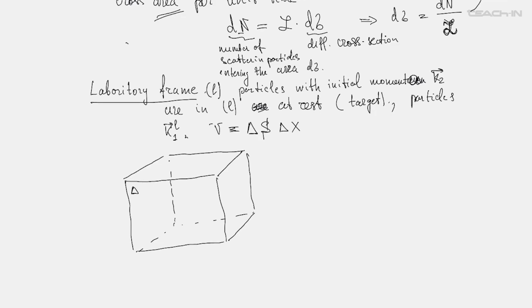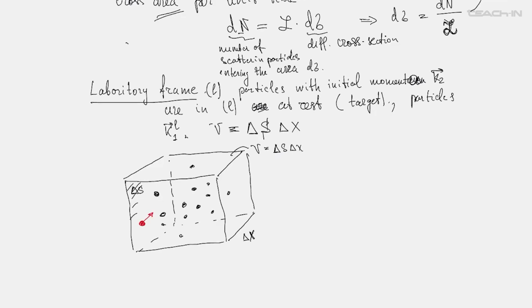And then in this volume, delta S delta X, we have our target particles. So they are sitting inside. I denote them as black particles. They are at rest. They are not moving. They constitute the target. And on this target, with the momentum K1L, we have a flux of incoming particles, which I denote by red.